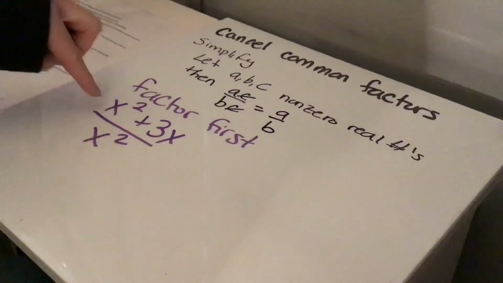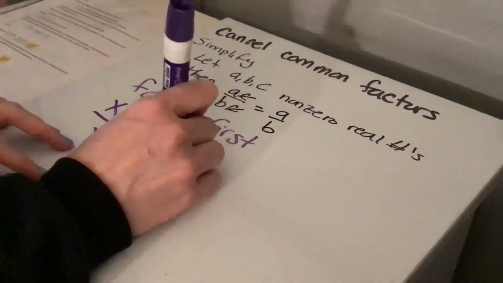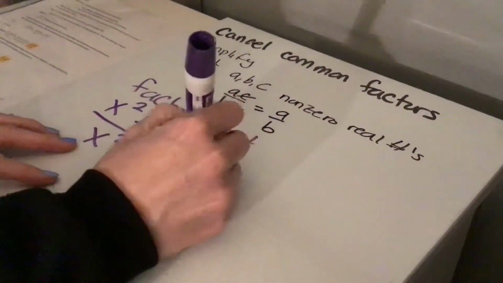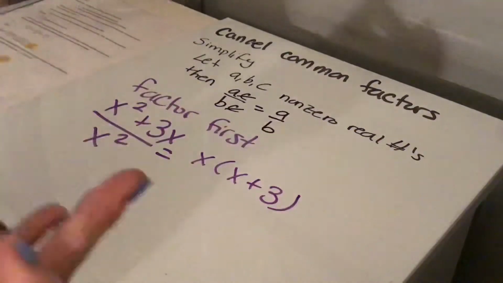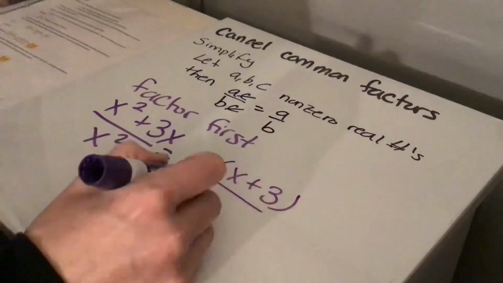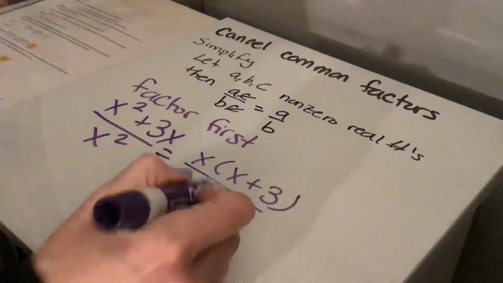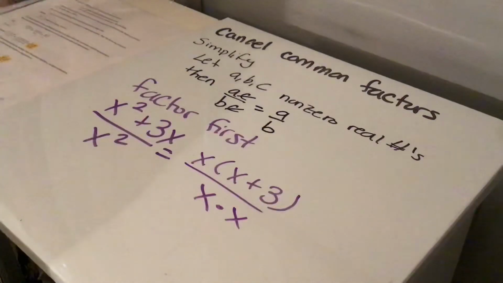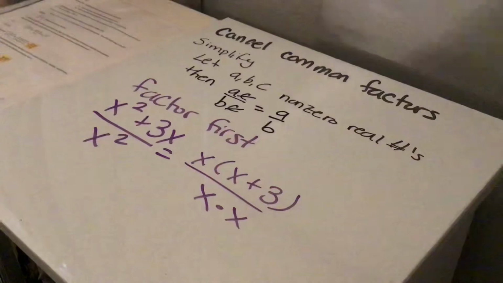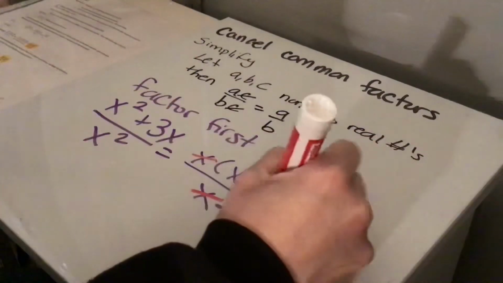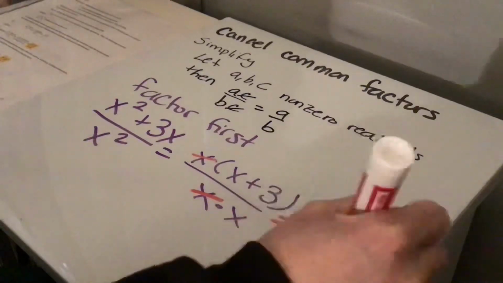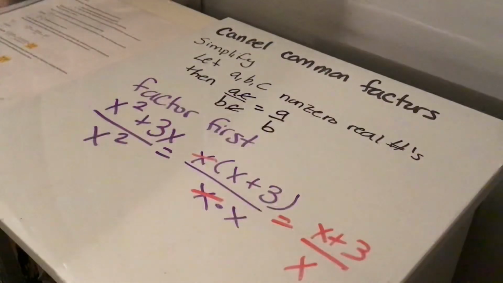So I'm going to factor the numerator and the denominator. I can rewrite the numerator as x times x plus 3, since they both have an x in common, and the denominator as x times x. Then you're looking for a common factor, not a common term. So the x's can cancel, and you're left with x plus 3 over x.